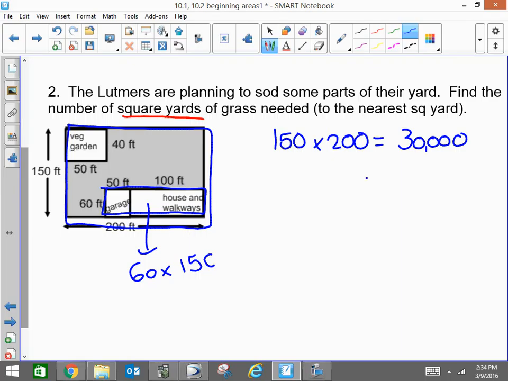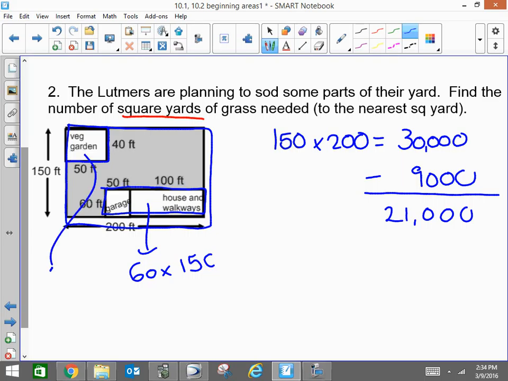What's that? 9,000. I'm going to take that out, so I'm going to subtract. So what's that so far? 21,000. And then I'm also going to take the vegetable garden out, which is 40 by 50. What's that? 2 with 3 zeros, 2,000.